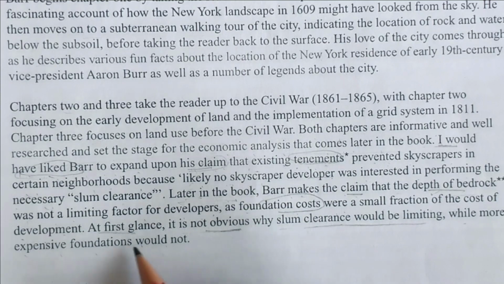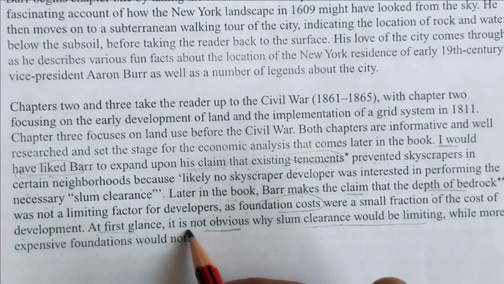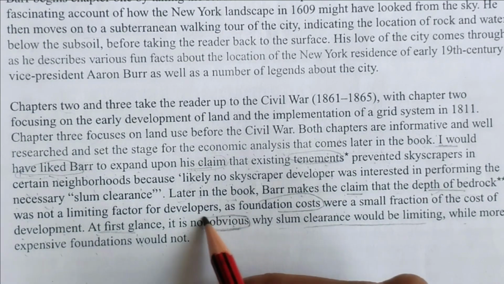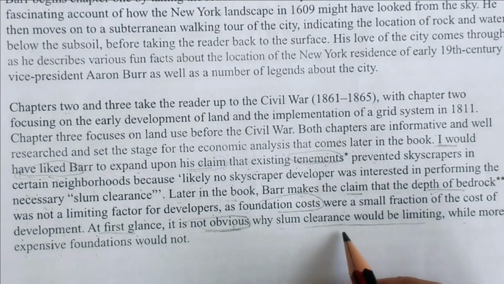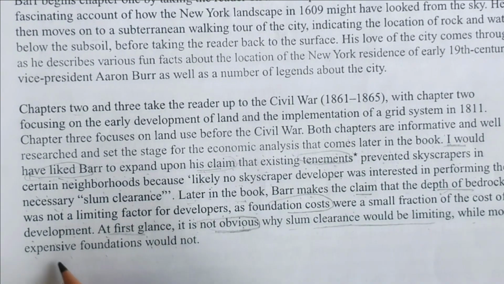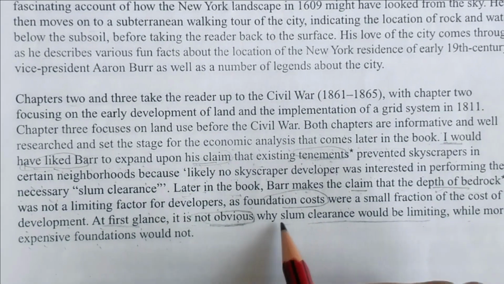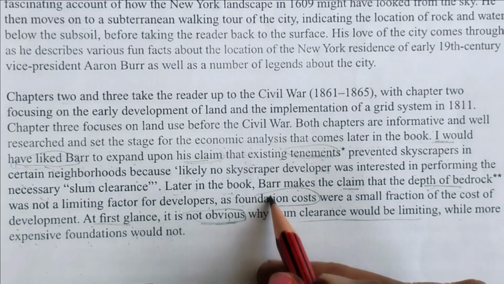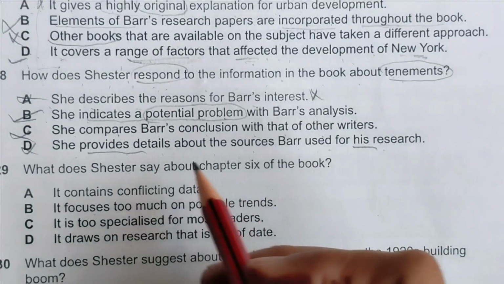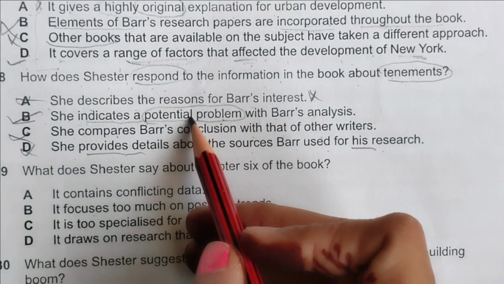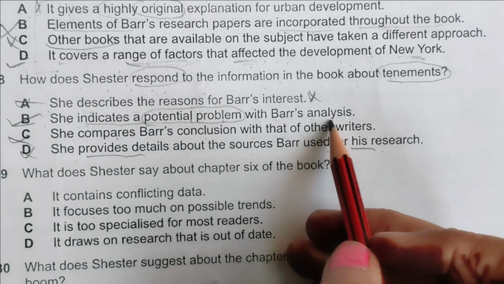At first glance it is not obvious why slum clearance would be limiting while more expensive foundations would not be. So it is not clear every time, there is some problem in his analysis. That's why she indicates a potential problem with Burr's analysis.